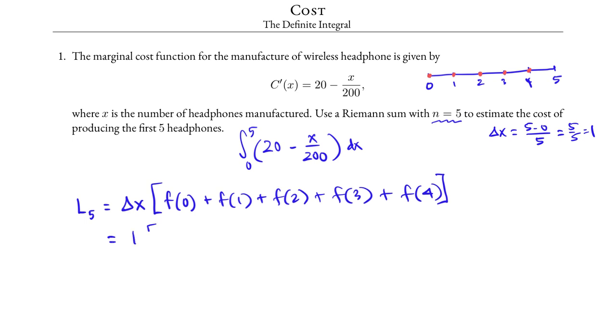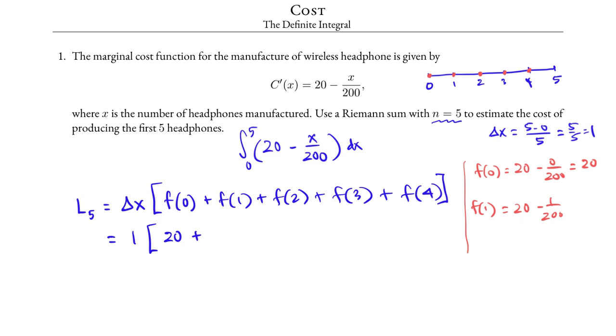Delta x is 1. And if we evaluate f of 0, we have 20 minus 0 over 200, which is 20. And so f of 0 is 20 plus, if we evaluate f of 1, we will have f of 1 equals 20 minus 1 over 200, because the marginal cost function given is 20 minus x over 200.